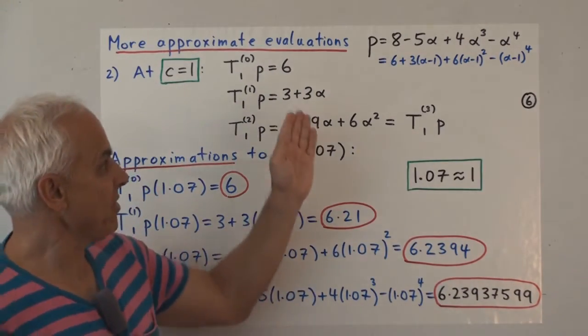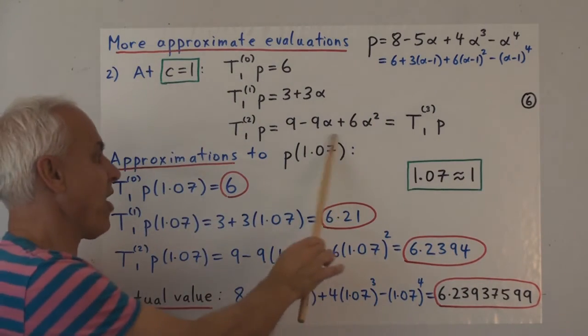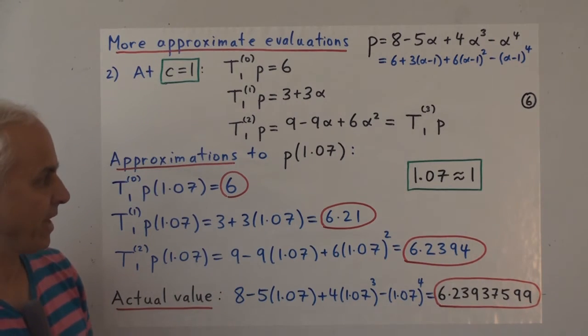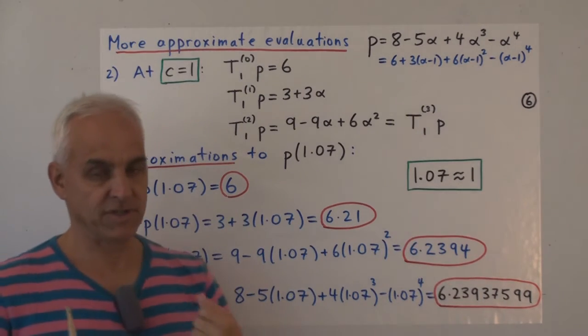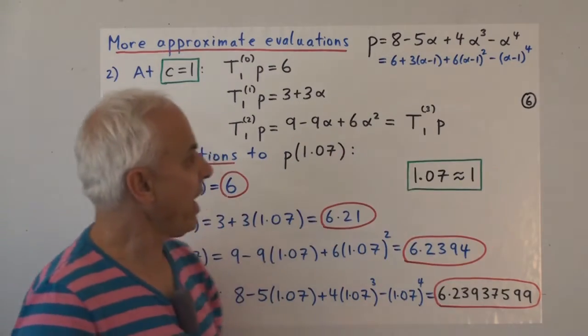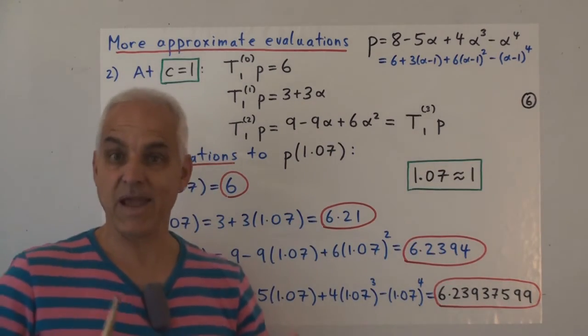We'll stick with the same polynumber p, but now we're going to try to approximate p of 1.07. This number is pretty close to 1, and it's not so close to 0 now. So if we just plug this into here, and we ignore, say, the last two terms, then we'll have a reasonably big error.